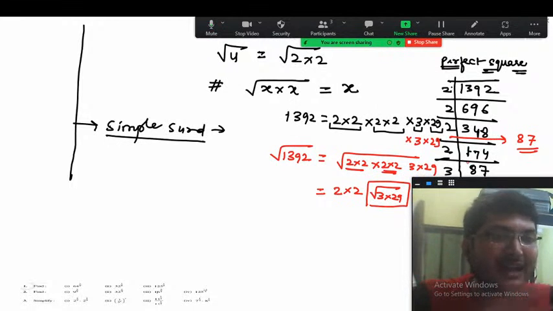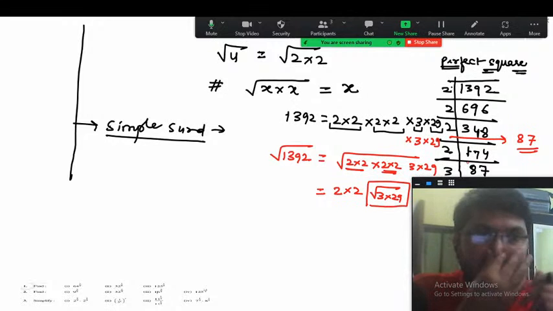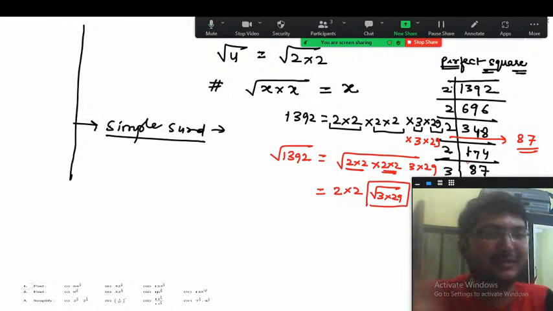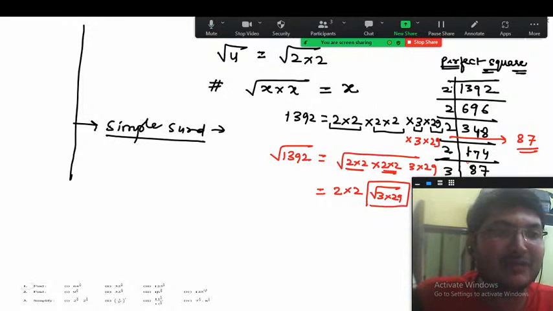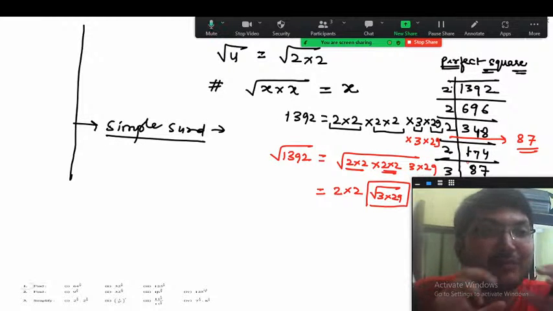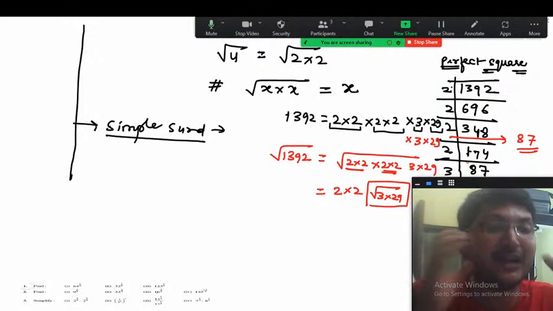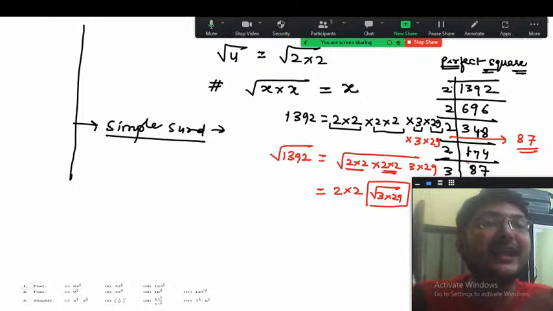If you divide by 87, you will get a number that is a reduced version of 1392, and if you multiply by 87, you will get a somehow larger number. But in such a case, you will get a perfect square, because all of them are making pairs. When will you get a perfect square? If you are making pairs of all those numbers, none of them are single.